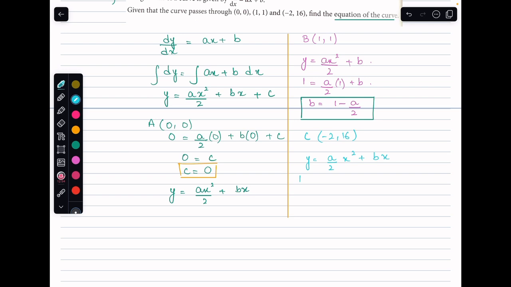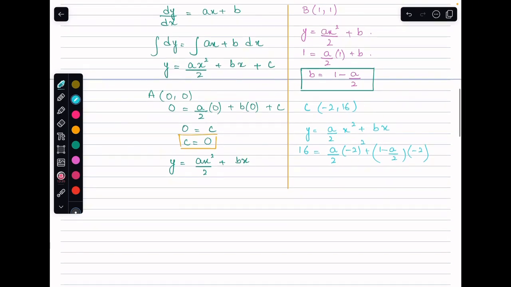So y substituted as 16, it's a by 2 and x is given as negative 2, the whole square. I can substitute b also as 1 minus a by 2, and x as negative 2 here. So I can see that now the entire equation is in terms of a, meaning I can very easily get the value of a here.